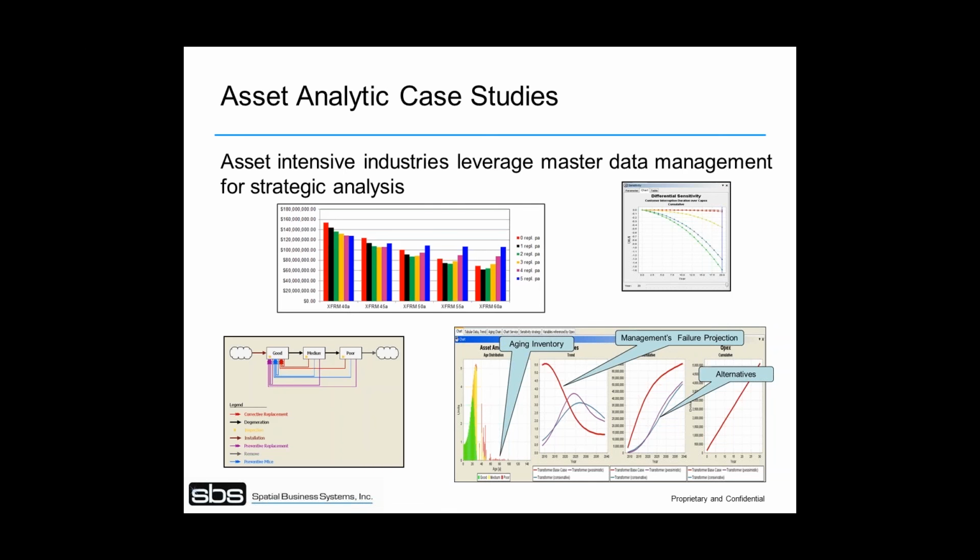It showed they were really anticipating that these assets, because they were so old, were going to fail very quickly. But when they analyzed it against all the available data, the asset failure curves were really the other two that were there. So the implications and savings for this particular study was over $25 million that was identified just by being able to assemble all the information, analyze it, and put it into a coherent analytic model.